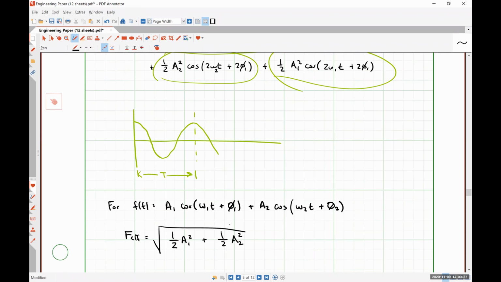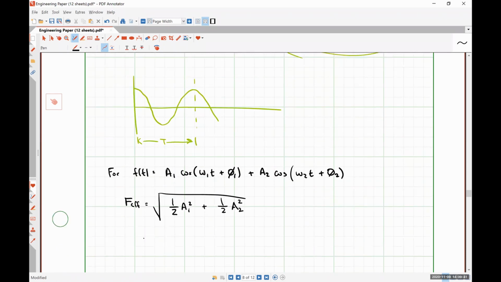But we can get more generic, all right? This is simply the square root of F effective omega 1 quantity squared plus F effective omega 2 quantity squared.